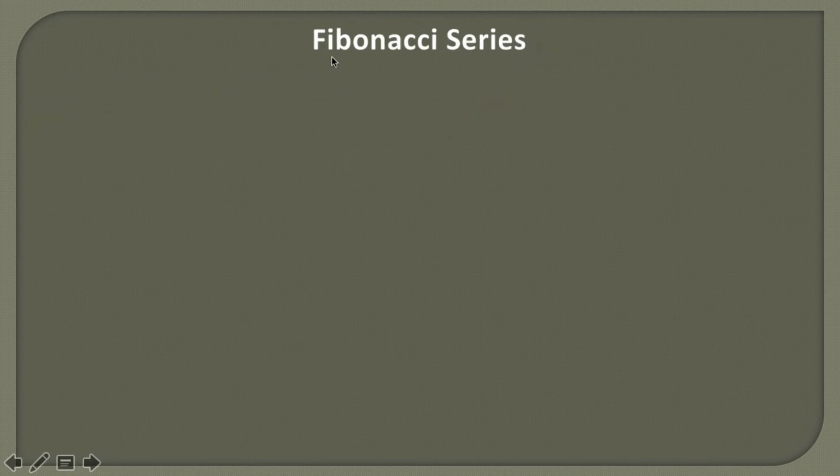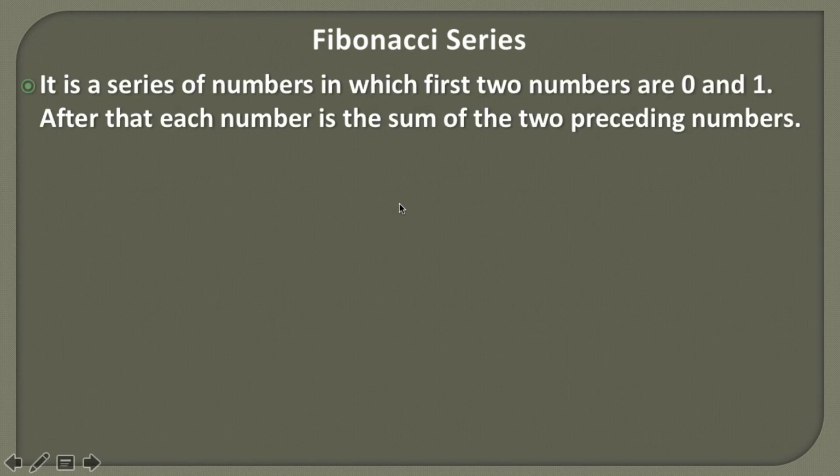We'll take the example of the Fibonacci series. So what is the Fibonacci series? As per the definition, it is a series of numbers in which the first two numbers are 0 and 1. After that, each coming number is the sum of the two preceding numbers.